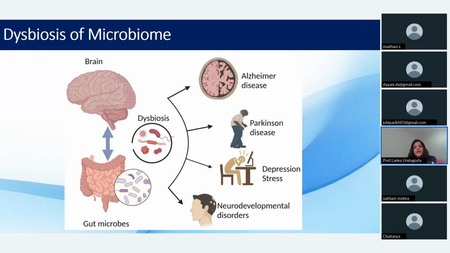As a result, most of the time these scientific findings reveal that asthma, Parkinson's disease, depression, and all the neurodevelopment-based weaknesses are happening because of this dysbiosis. That's why I'm telling you this brain gut axis is really important. If you want to be in health, every time you have to maintain that.